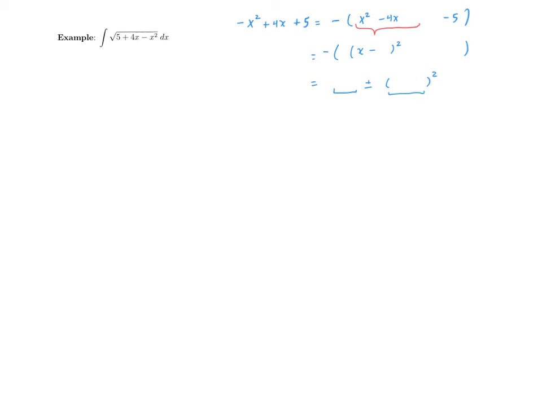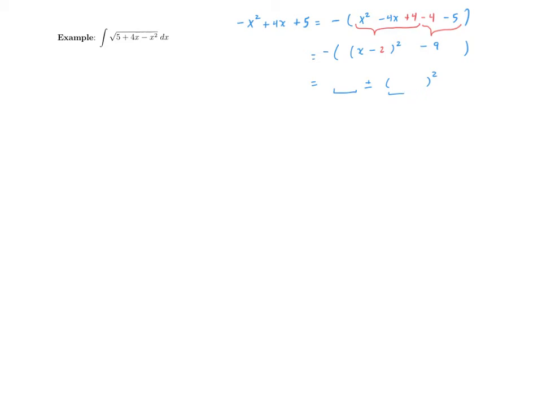And note, if we had the number 2, if it was x minus 2 quantity squared, that's x squared minus 4x plus 4. But no, the plus 4 doesn't just appear for free. Whatever we add in, we also need to subtract away. So this minus 4 minus 5 is going to result in a minus 9.